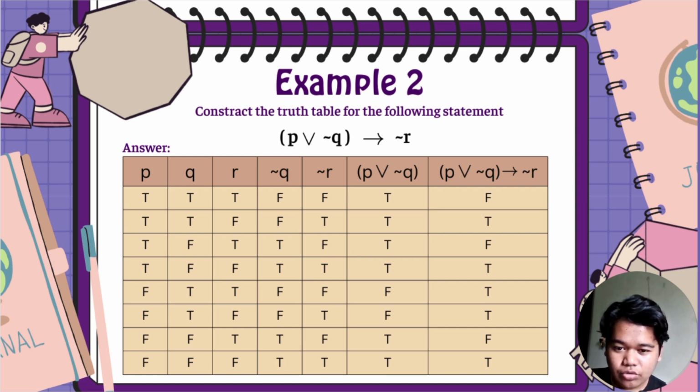Then not Q: false, false, true, true, false, false, true, true. Then not R: false, true, false, true, false, true, false, true. Then for the column P or not Q: true, true, true, true, false, false, true, true. Then for the last column, P or not Q in brackets implies not R, it is false, true, true, true, false, true.